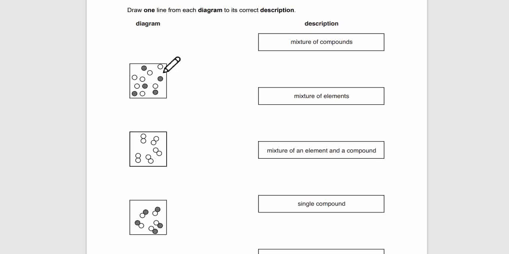This one is a single atom, but of two different types of element, so it must be a mixture of elements. This one is the same type of color, but it's in twos, so it must be a compound. So we write down a single compound.